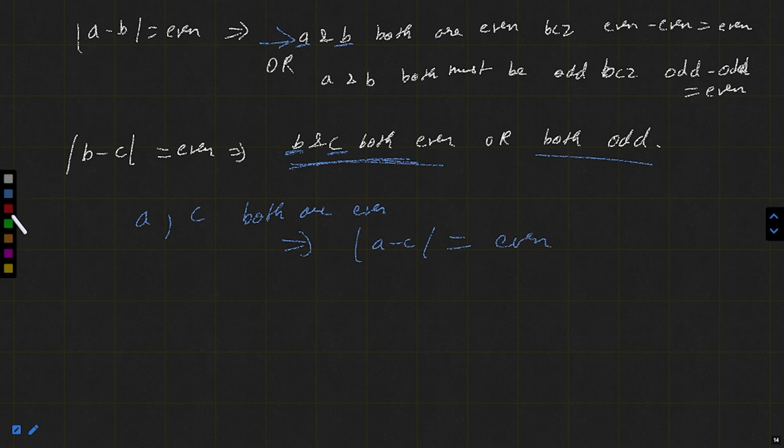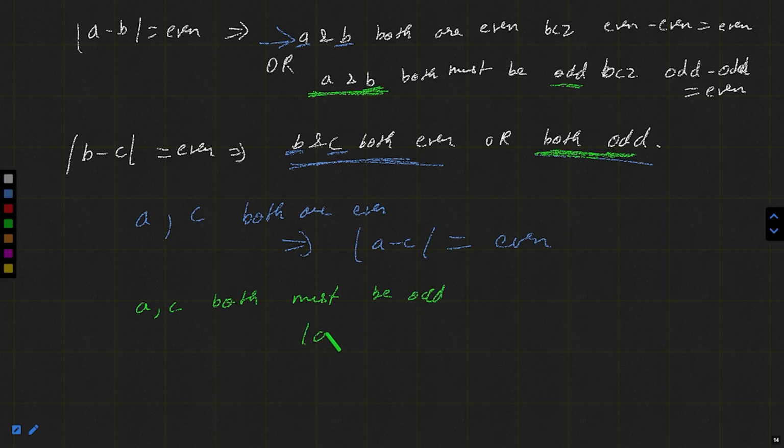If you are in the condition that a and b are both odd, this means b is odd. If b is odd, then c must be odd, so this condition will follow. This means a and c must both be odd.